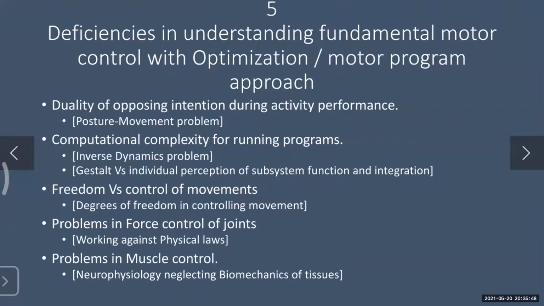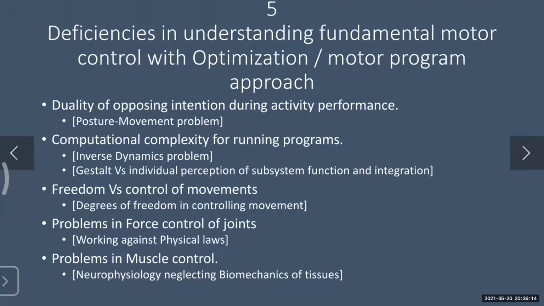Okay, right. So in the last class, we started seeing about the motor programming model and optimization model. And we started seeing some of the problems which come because of it, right? So the first problem we saw was the intention: if the brain thinks it can control the muscle.